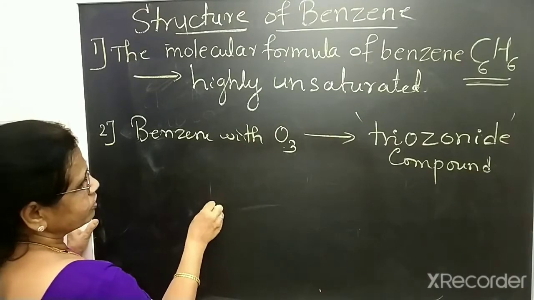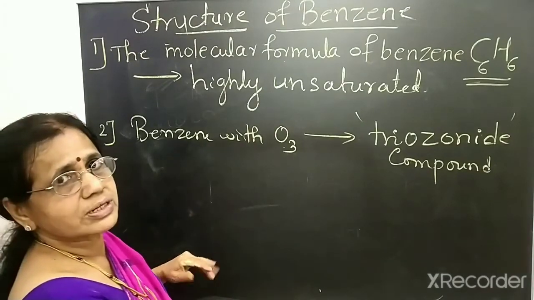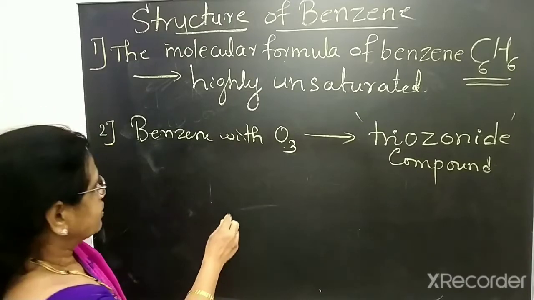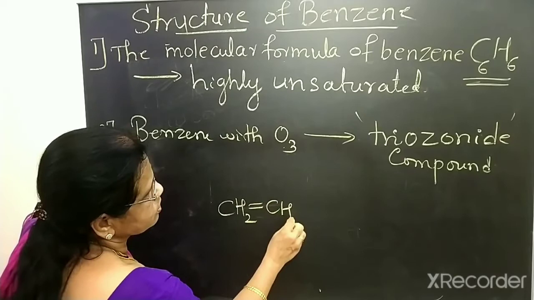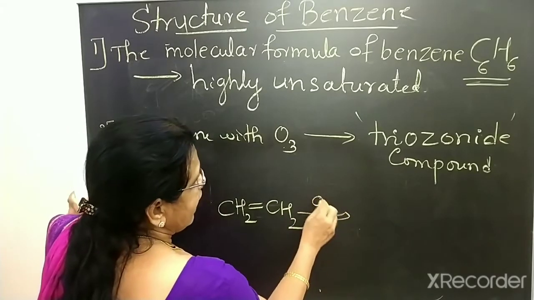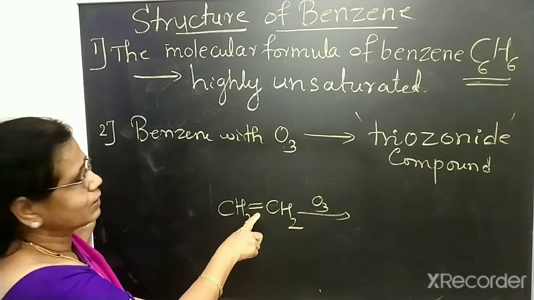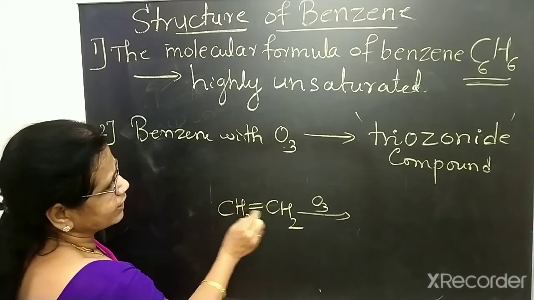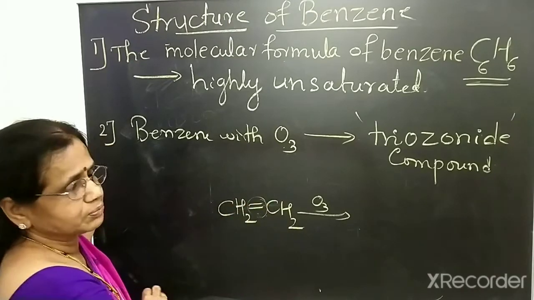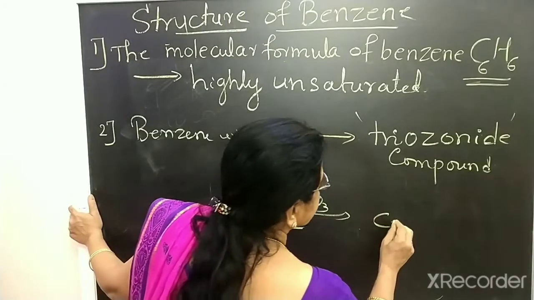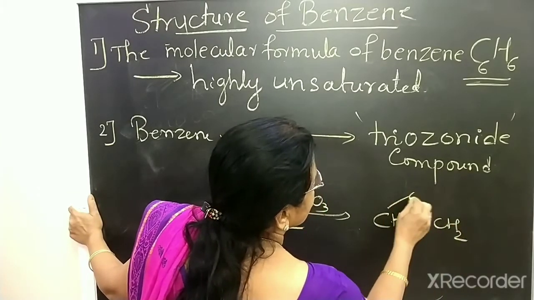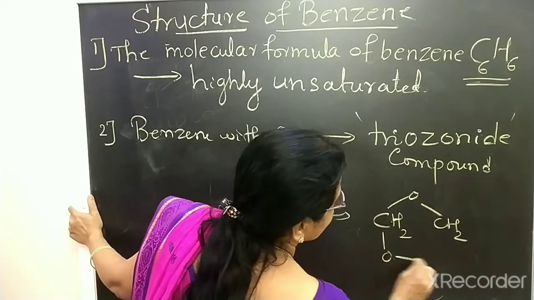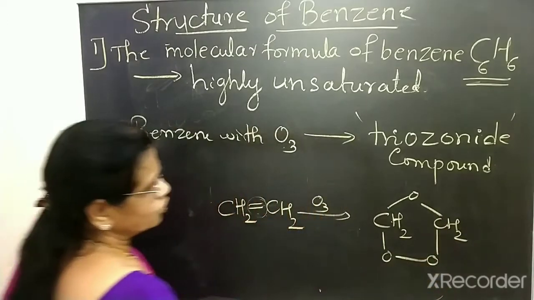If you remember, while studying the alkenes, we studied the ozonide. If you take ethene, CH2 double bond CH2, ozone adds at the double bonded carbon atoms. This bond will be broken completely. So it gives the ozonide, CH2 and here O, O, O like this. The structure is the ozonide.